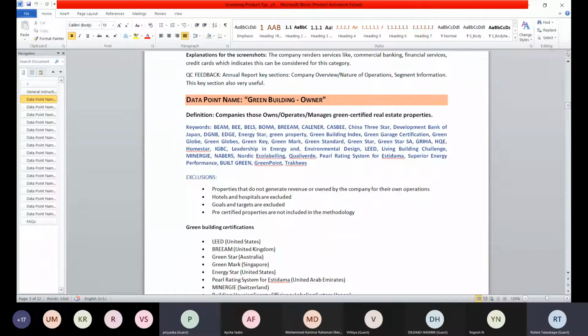And if you are not getting any result for all these keywords, we have to mark it as not reported.